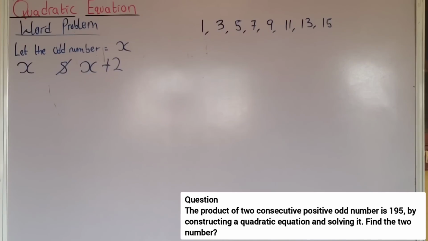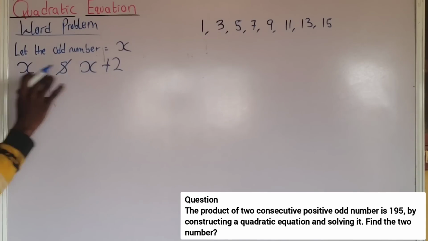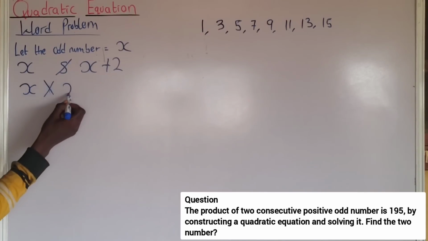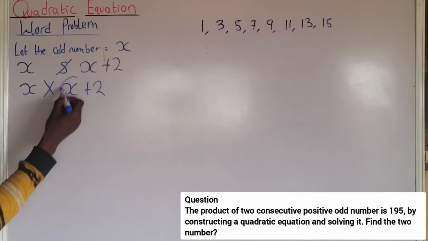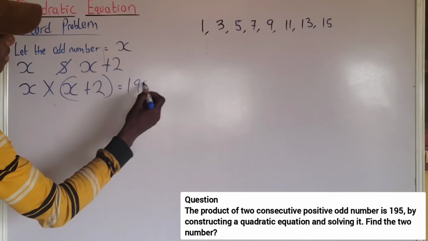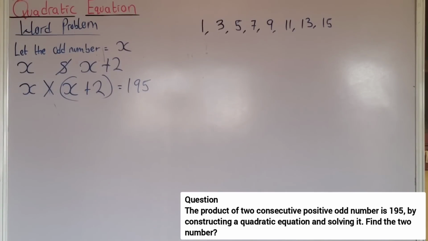We are told that the product of these two consecutive positive odd numbers is 195. So let us take the product of these two numbers. That means I'm going to have x multiplied by x plus 2 equals 195.